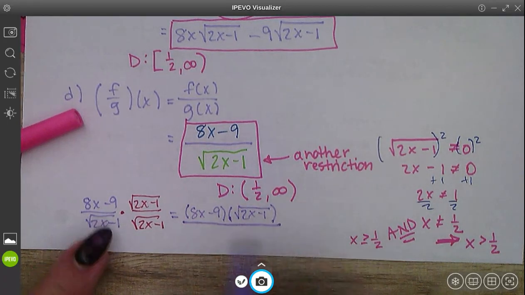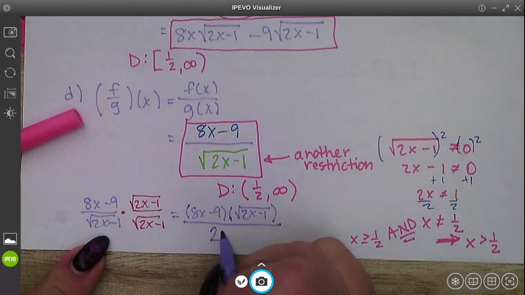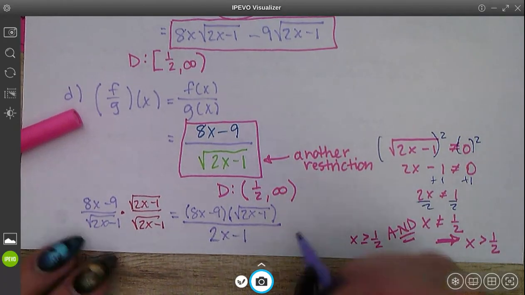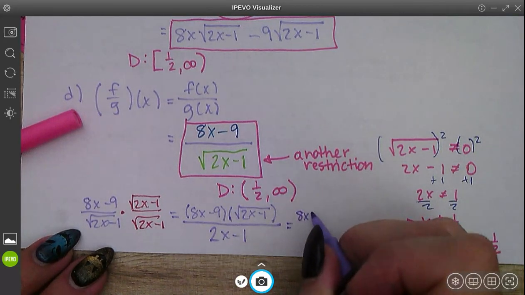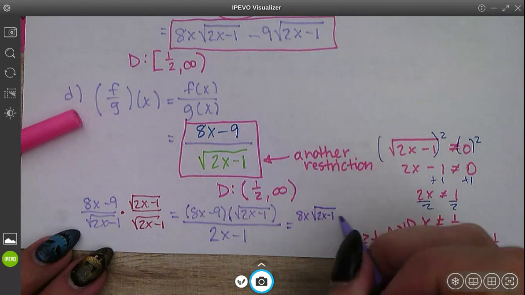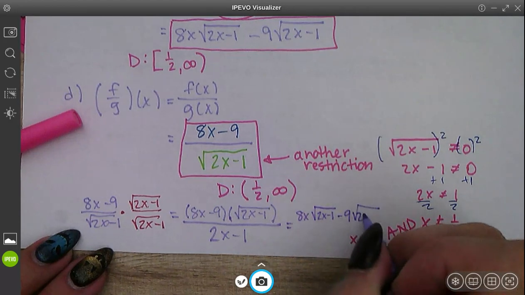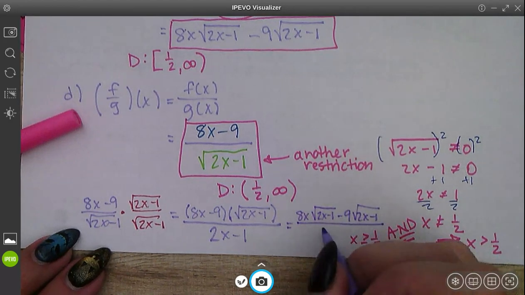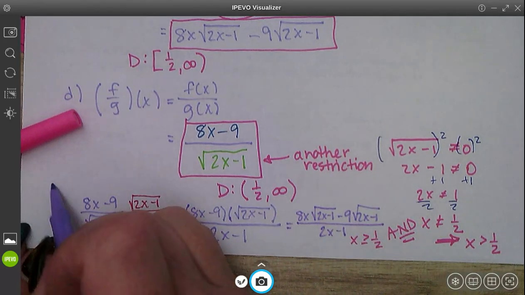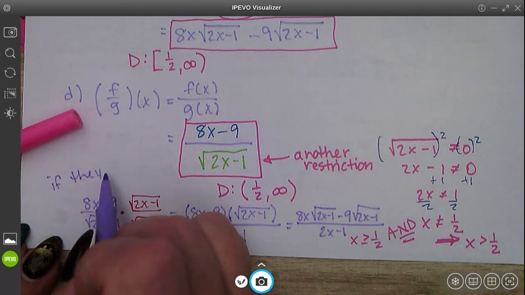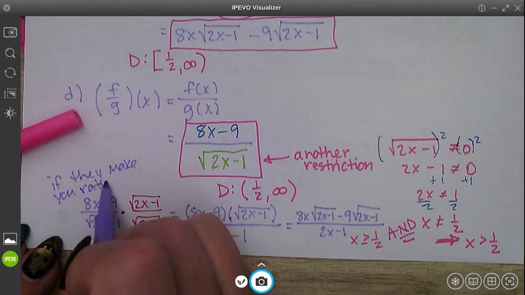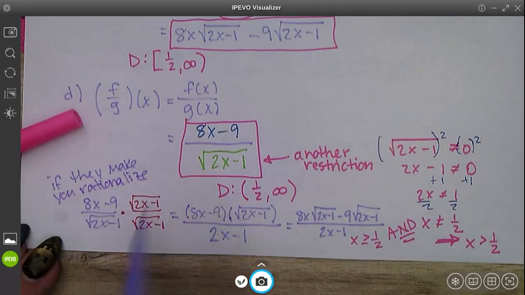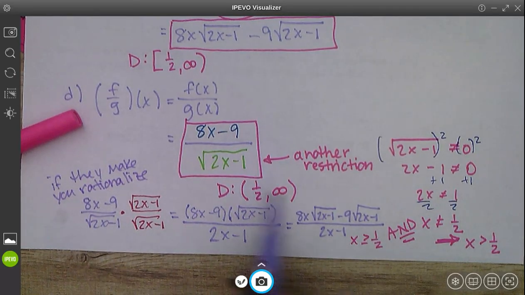In the denominator, the square root of 2x minus 1 times the square root of 2x minus 1 just makes 2x minus 1. You could distribute that radical, so it could end up being 8x square root of 2x minus 1 minus 9 square root of 2x minus 1, still all over 2x minus 1, but like I said, I wouldn't make you do this, but just in case my math lab does, that would be the steps.